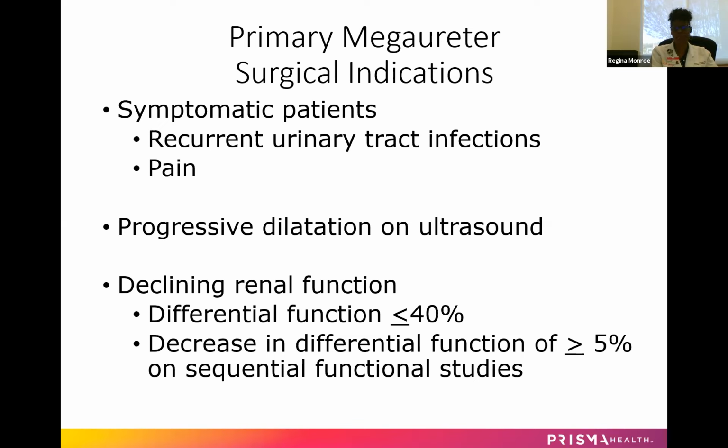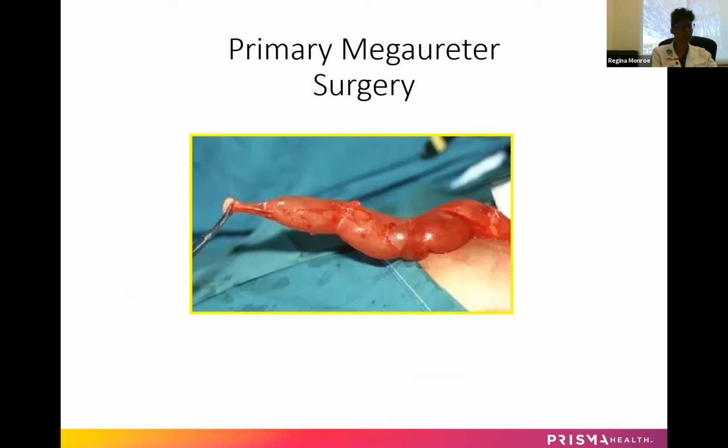If you see progressive dilatation on your renal ultrasound with thinning of the renal cortex or declining renal function, if the differential function is less than 40%, or if on serial renal scans there is a difference of greater than 5% on sequential functional studies, then the recommendation would be for surgical intervention.